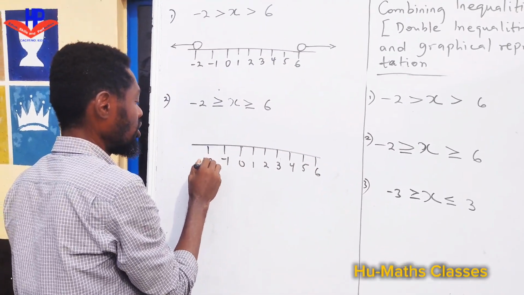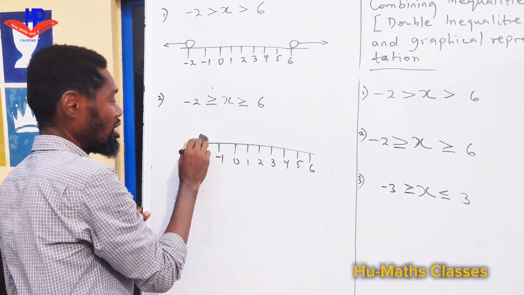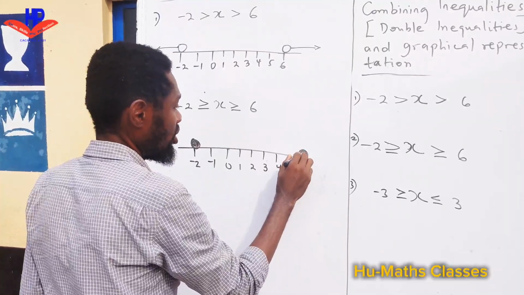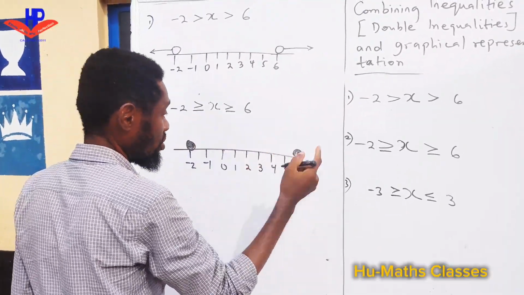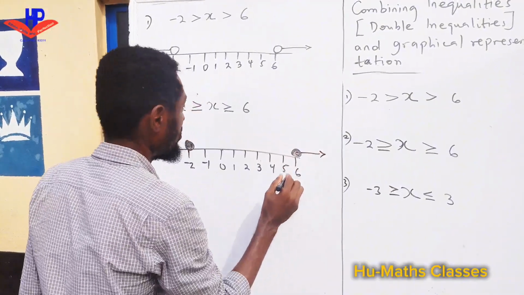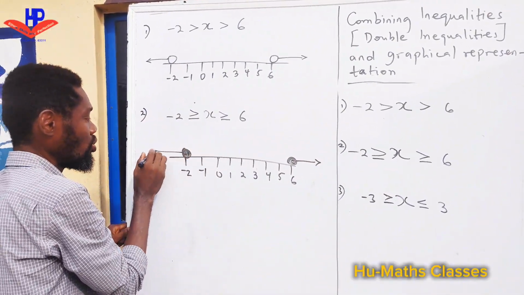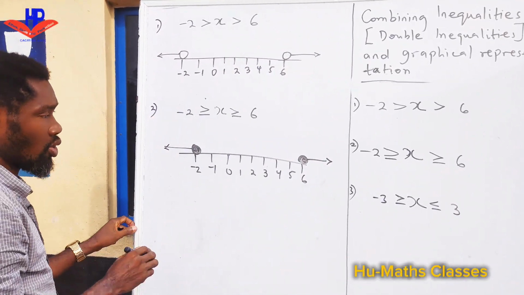Minus 1, minus 2. Put your circle shaded because it is inclusive. Greater than or equal to 6, greater is going this way. Less than or equal to minus 2, less than is going this way. So here is the graph for the second problem.